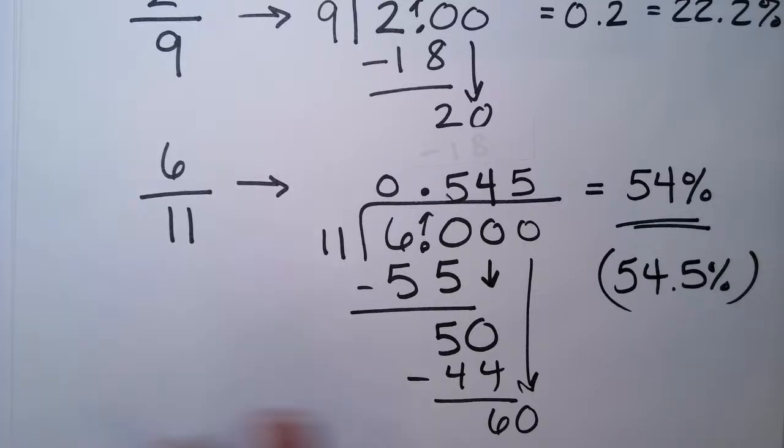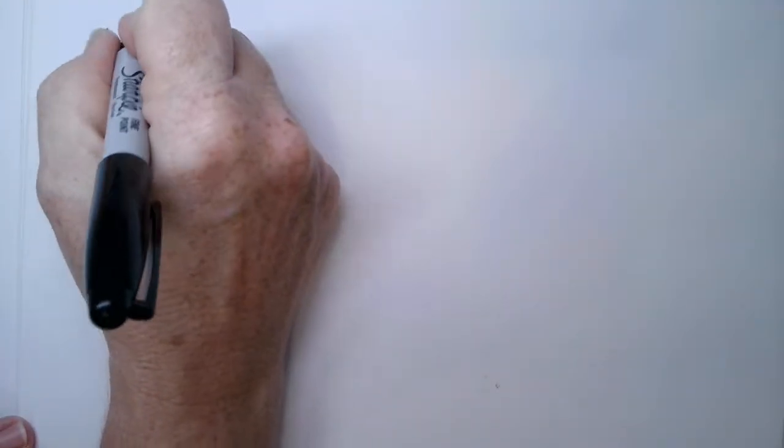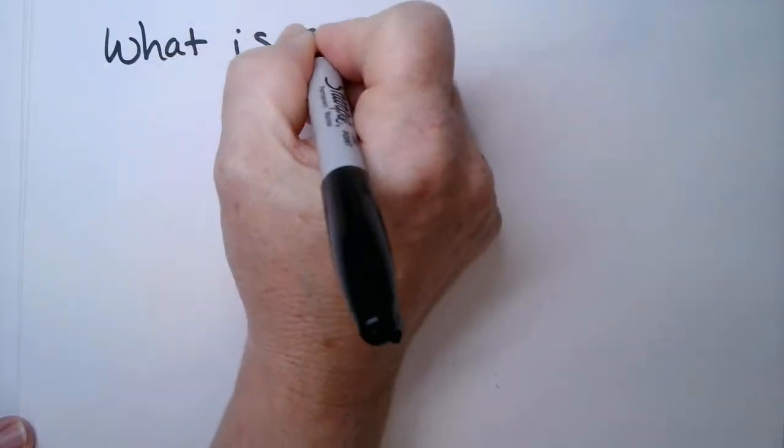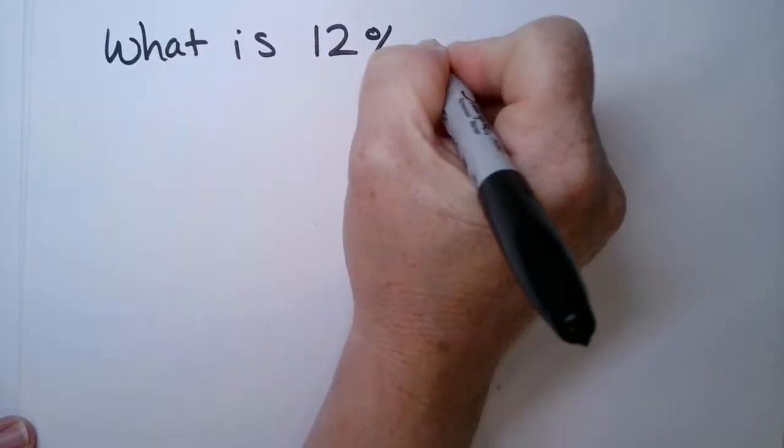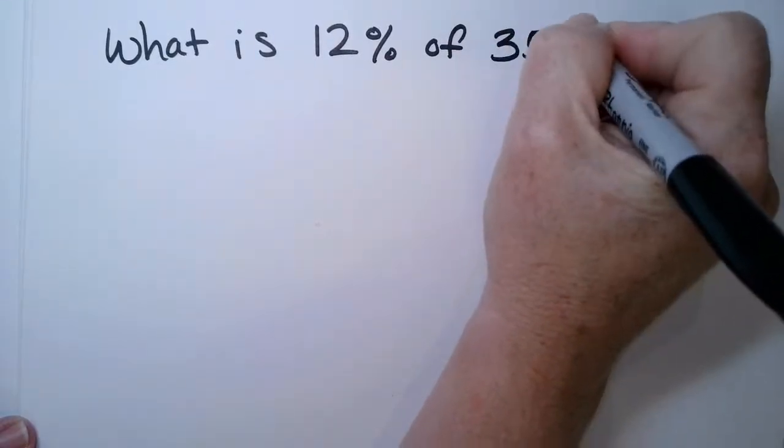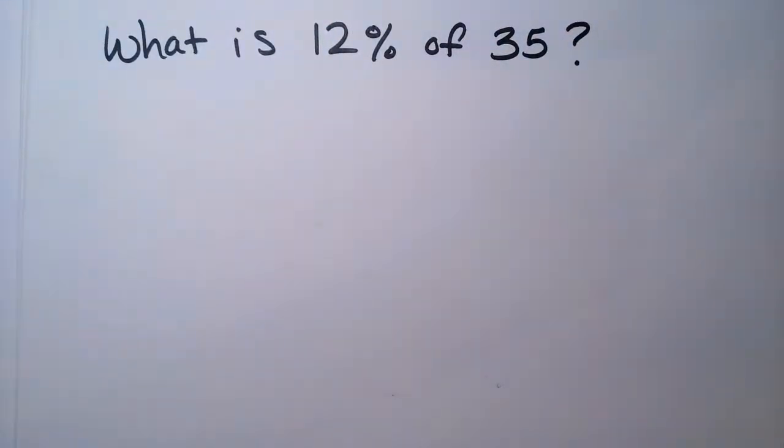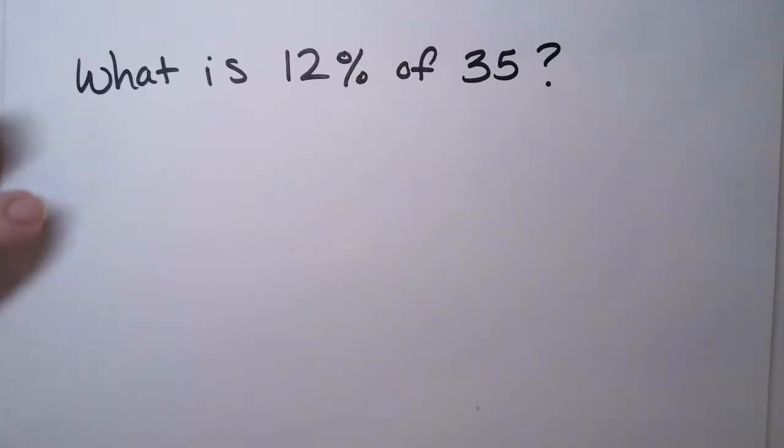Okay, let's also review our translation problems where we talked about what is a certain percent of a number. So translating this into a math equation. Okay, so translating words into a math equation.